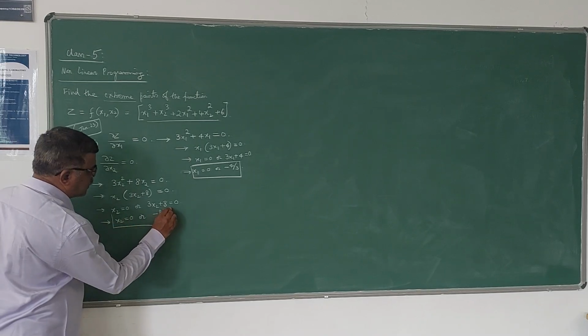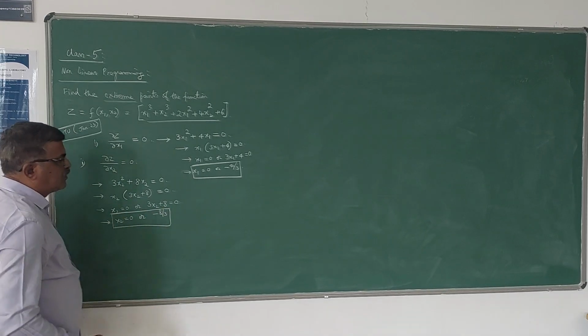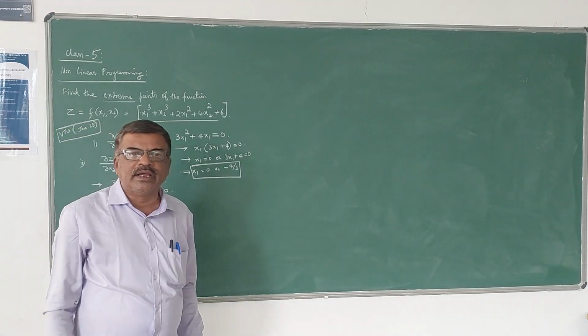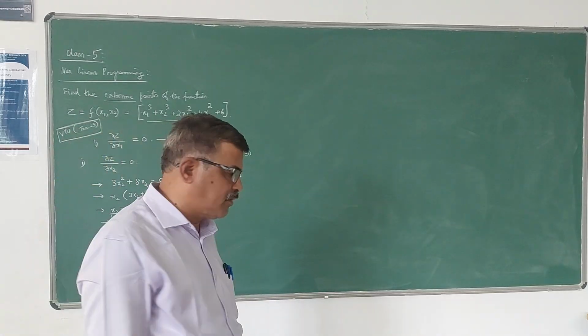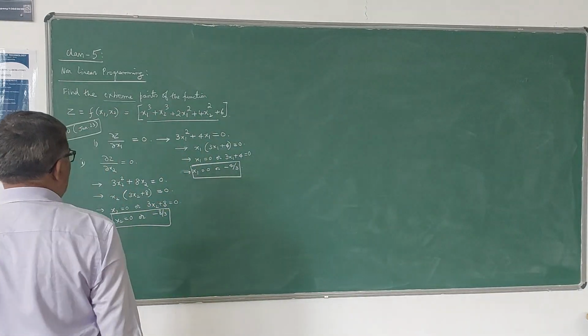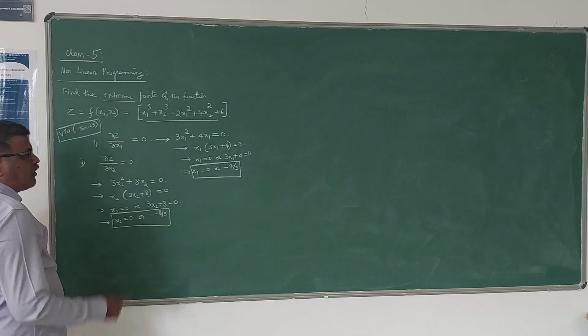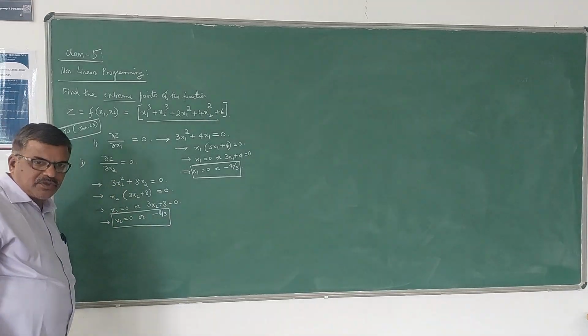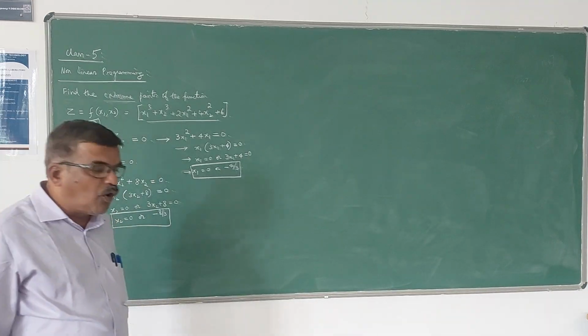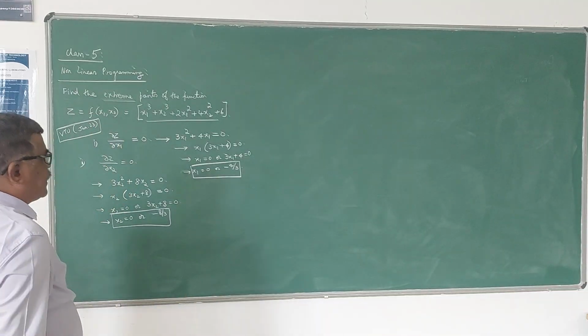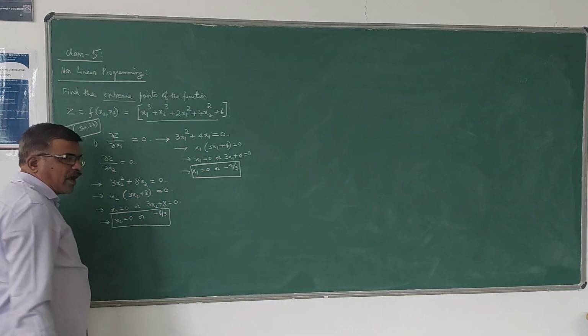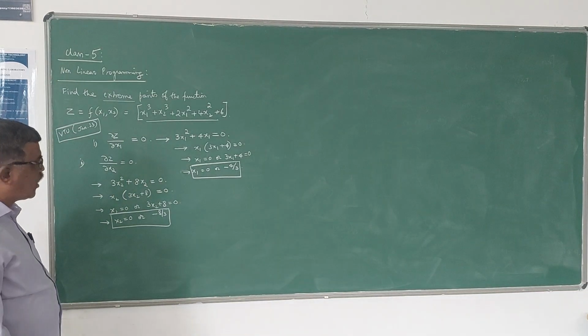So these two are the values of x2 for the function to be either minimum or maximum. Now, we have got two values each of x1 and x2. That means there are four possible combinations of x1 and x2.